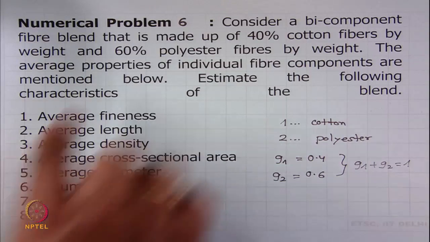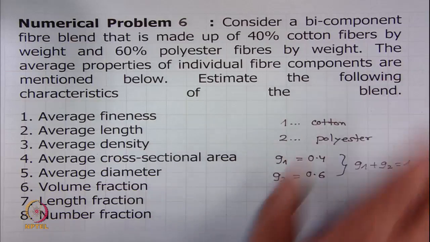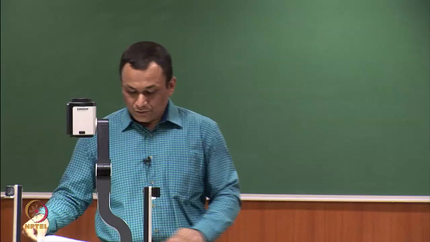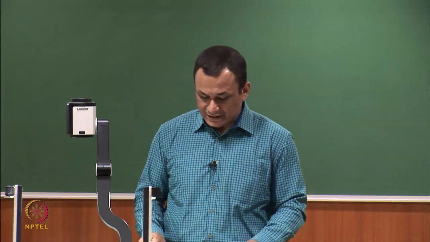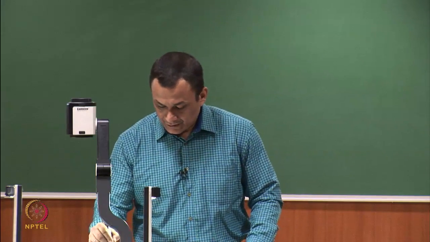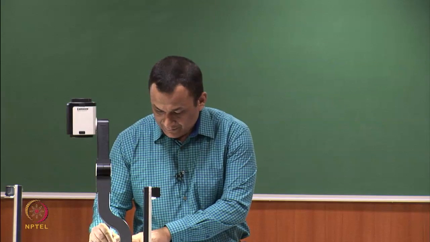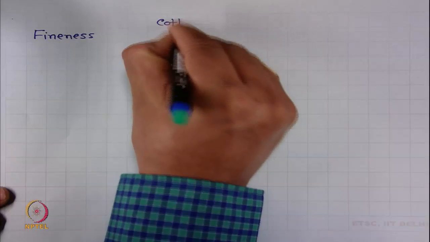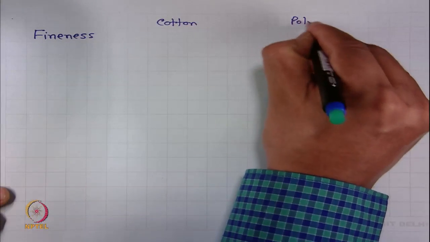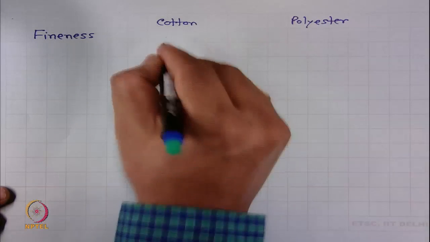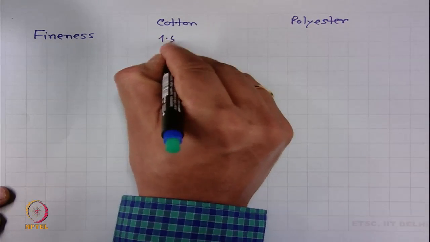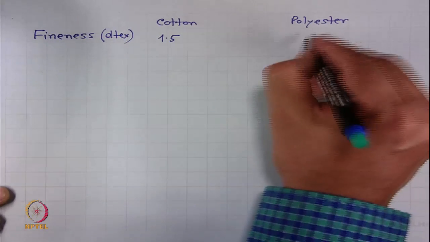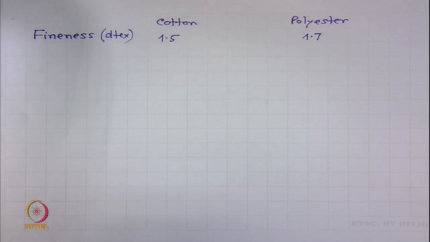The average properties of individual fiber components are mentioned below. Let me tell you the average characteristics. Say fineness, cotton and polyester. Cotton fineness in terms of decitex is 1.5 and polyester 1.7.